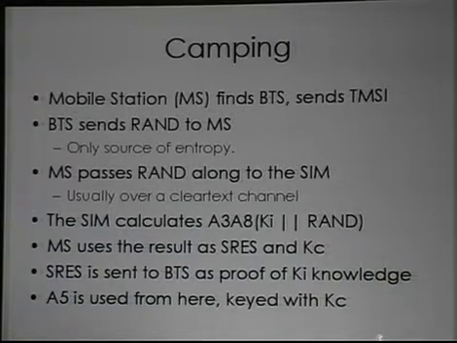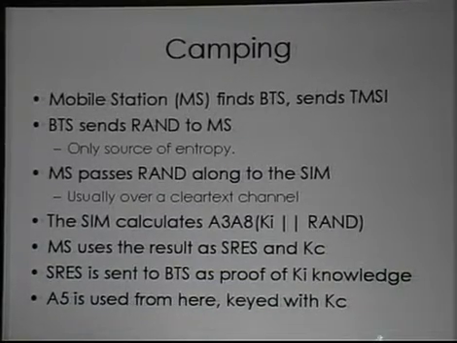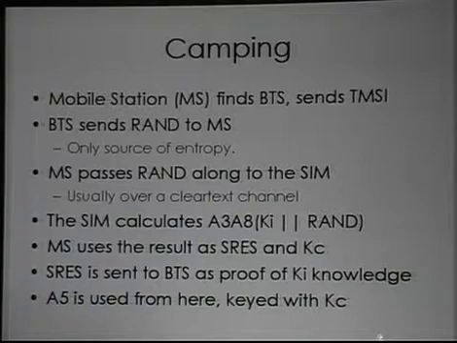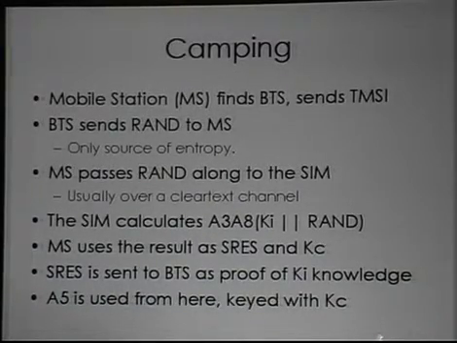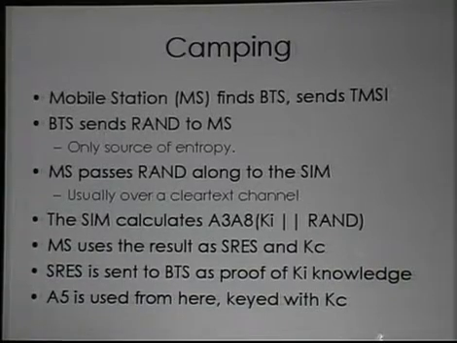So it'll run one hash function over this blob of binary, and then it splits the output into two. The first part of the output becomes the session key. The second part becomes the session response. So by taking that hash and splitting it into two, you can prove that you know KI by sending the session response, as well as establishing a secret for your A5 cipher.